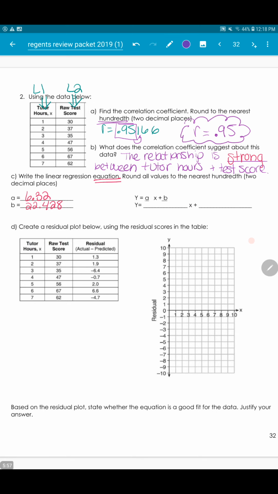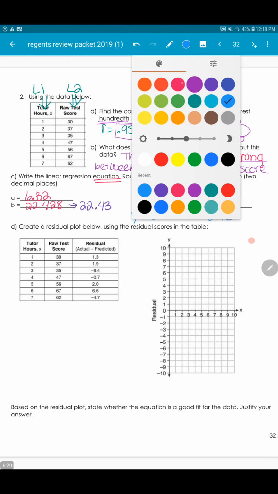So that one is going to round to 22.43. All right. So now when I write my equation, I'm just substituting those numbers in. All right. And that's that.